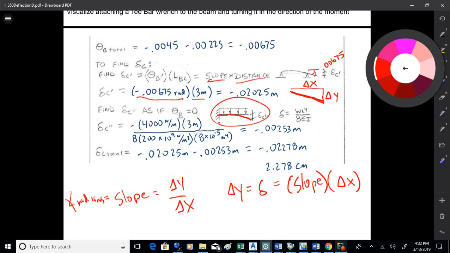So I take those two effects and add them together. I take the 0.02025 meters and add in the 0.00253 and get negative 0.02278 meters. So that thing's going to drop 2.278 centimeters is what my calculations lead to.